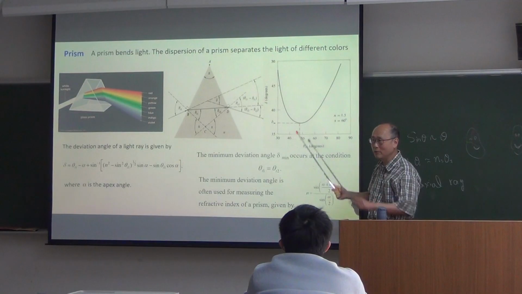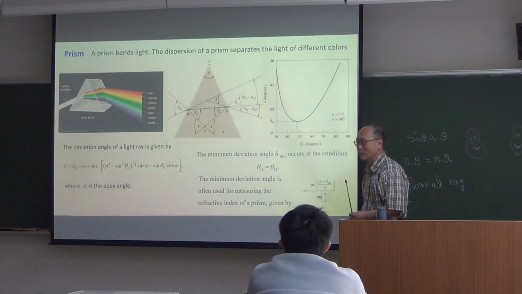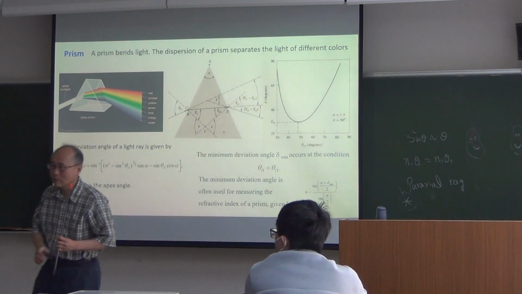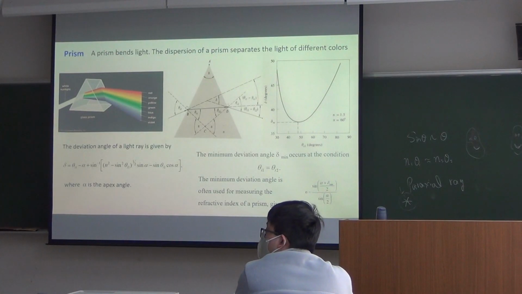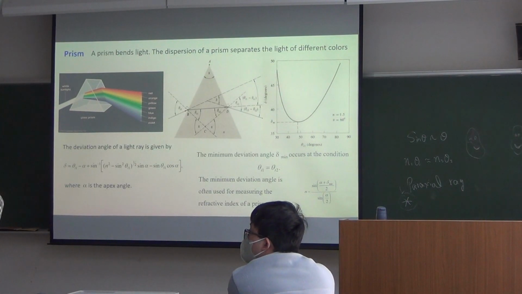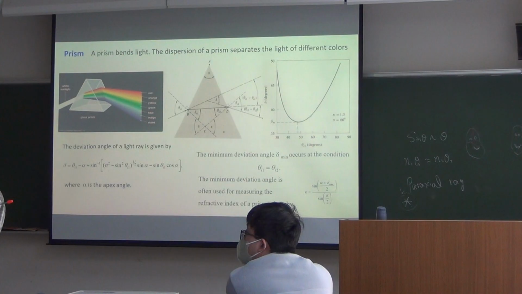Okay, if you play with that prism, well, just a while ago we played with the prism, but then we chose the apex angle to be this 45 degree, right? But now if you choose the apex angle to be 90 degree, you will never see the minimal deviation angle. And then I ask why in the handout, and then you please figure out why.